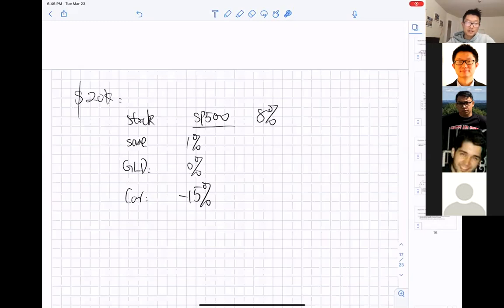Next year it will be $17,000, and one year later it will be $17,000 times 1 minus 15%, so around 15K. Every year you lose 15% of the residual value. These are the different ways of investment.